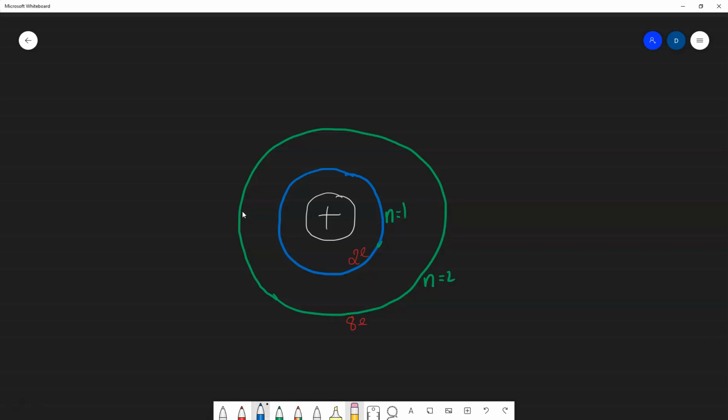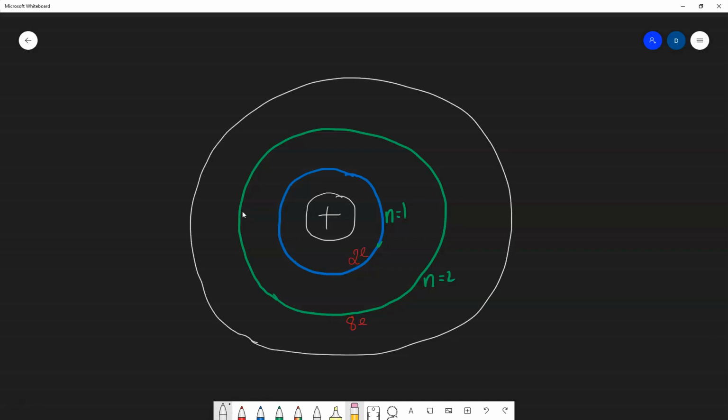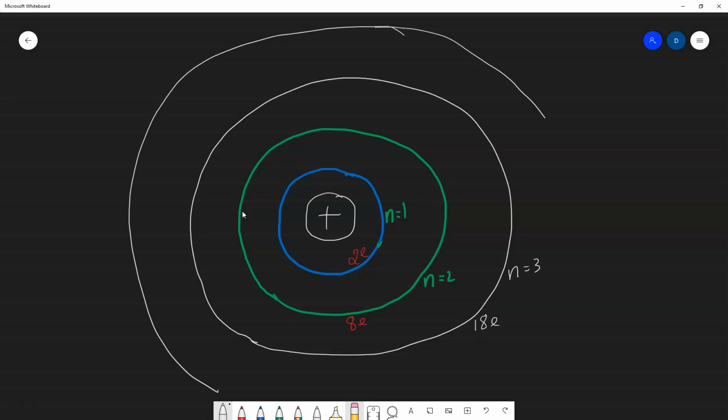And they also found the third orbit, which is n is equal to 3. The maximum number of electrons that can keep going in this third orbit is 18, and the fourth orbit, we just stick up to the fourth orbit, which is further from the nucleus.